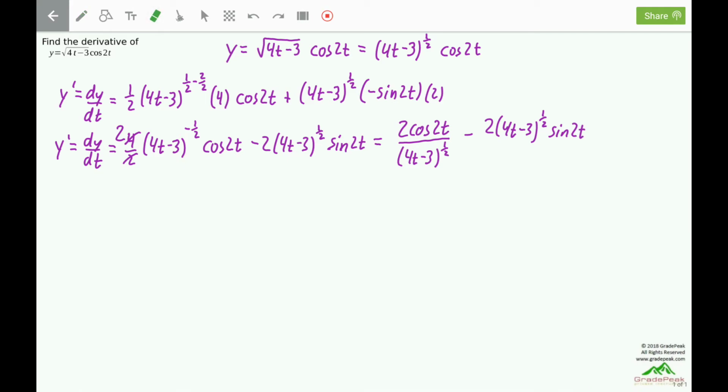Now the next step is to get a common denominator between these terms. It's customary to put this into a single fraction. Whenever you have a denominator for one term, we will want to combine them over that common denominator. The second term doesn't have a denominator right now, so we're going to be multiplying it by 4t minus 3 to the 1/2 power over itself, a form of 1, so that they will have the common denominator.